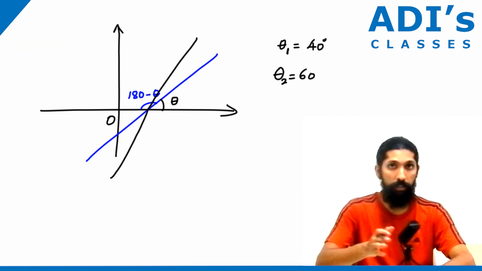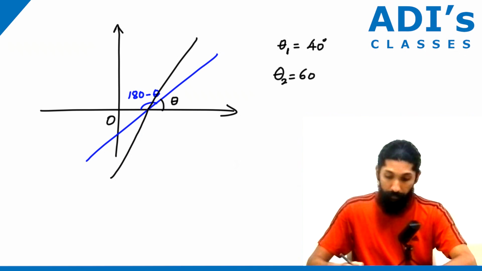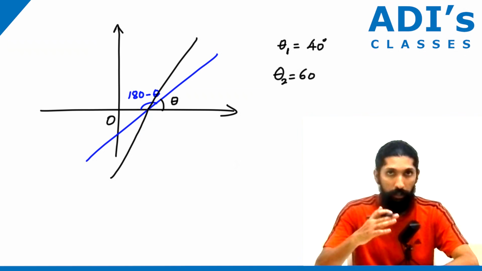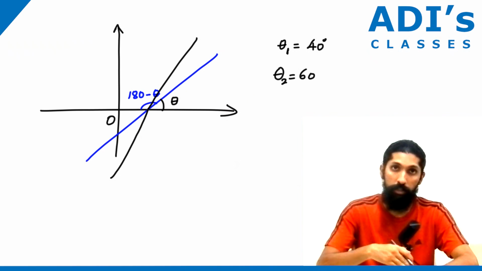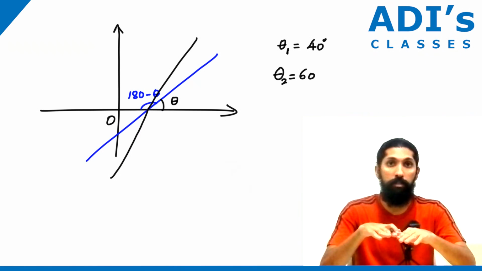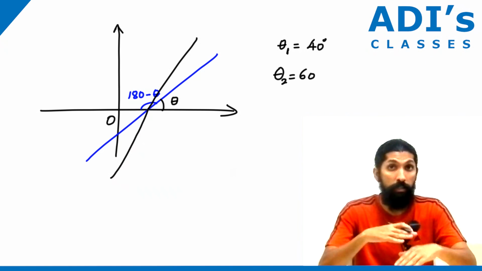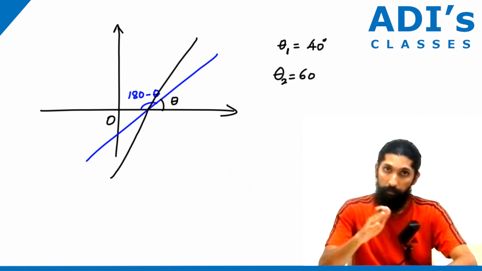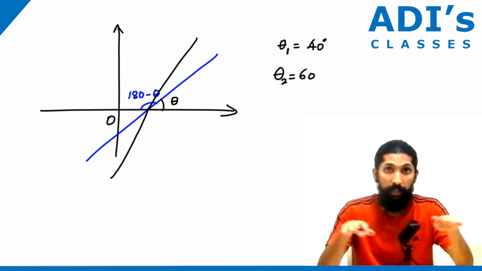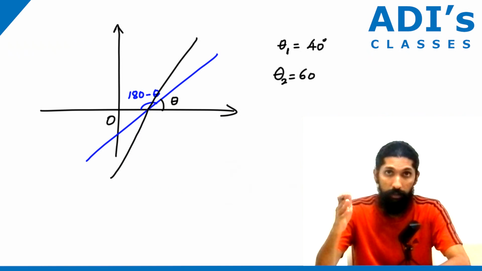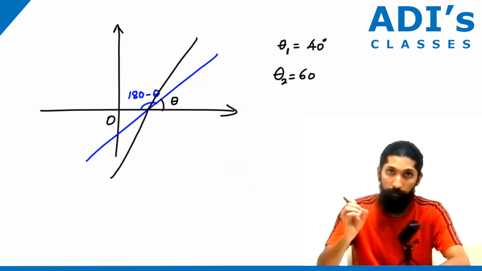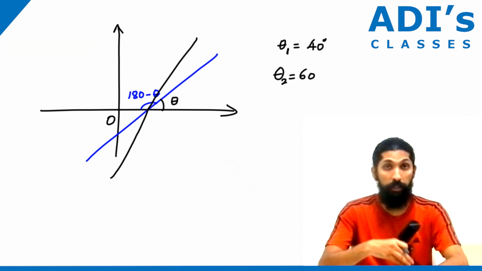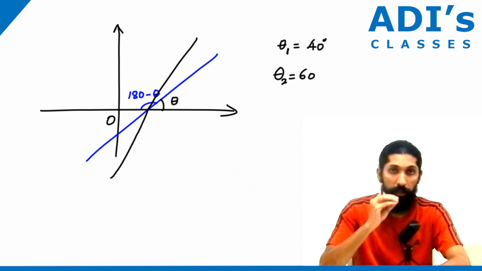The orientation changes. That means if the value of theta is changing, the gradient of the line is changing, correct? That means it is either very flat or very steep. Makes sense? It's like you have a flat hill and a very steep hill. Everything depends on the gradient, isn't it? Even for a line, that gradient is a very important parameter.